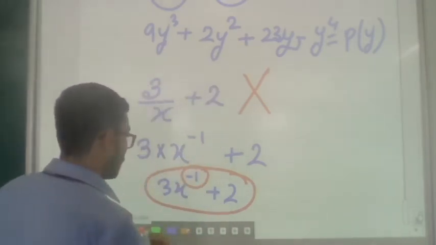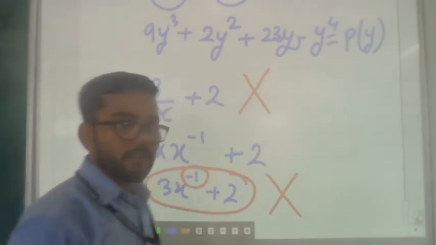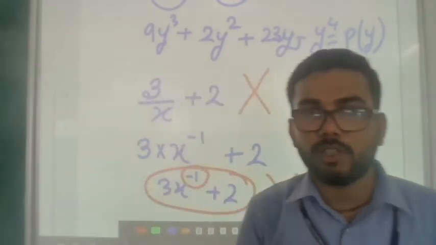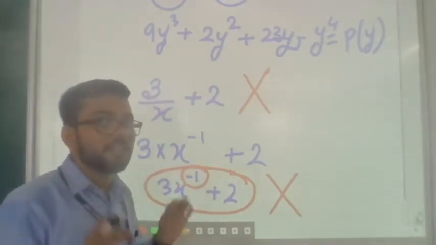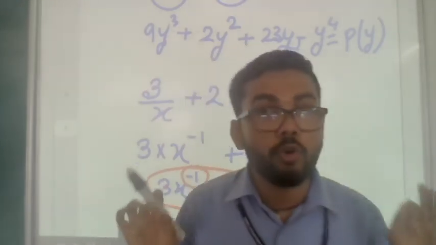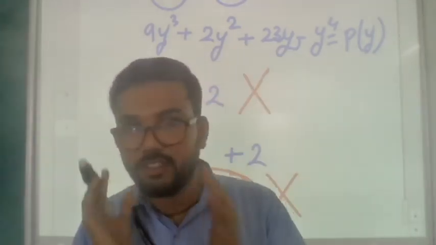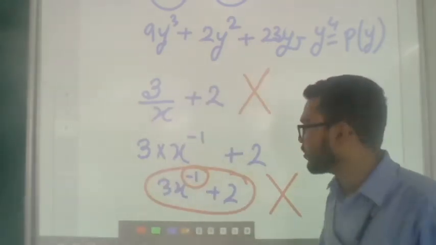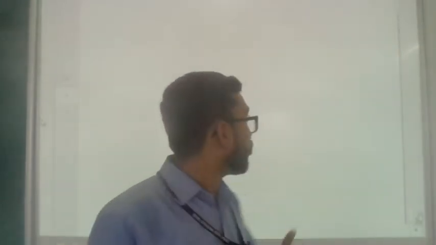The power of a variable is always a non-negative integral, meaning always a whole number, because all whole numbers are non-negative integers. Integral means integer. Remember one thing also: the power should not be a fraction either.